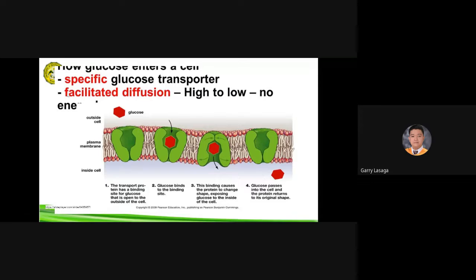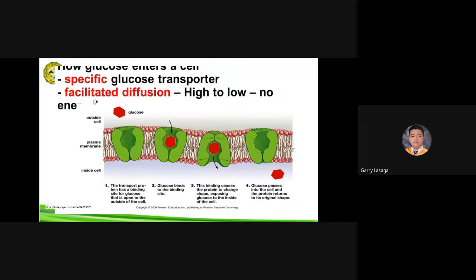This type of membrane transport is facilitated diffusion because the main driving force is the concentration gradient, meaning from a higher to a lower concentration of the molecule. In this case, there is a high level of glucose outside the cell and a low level of glucose inside the cell.